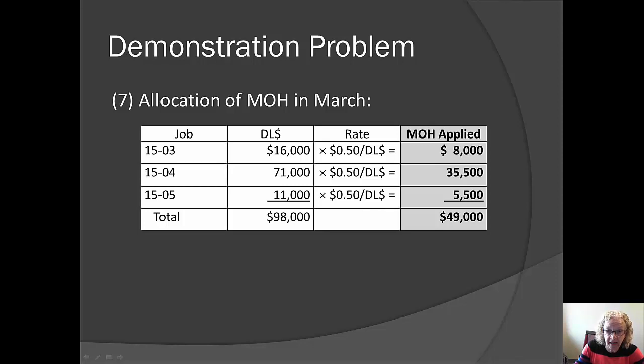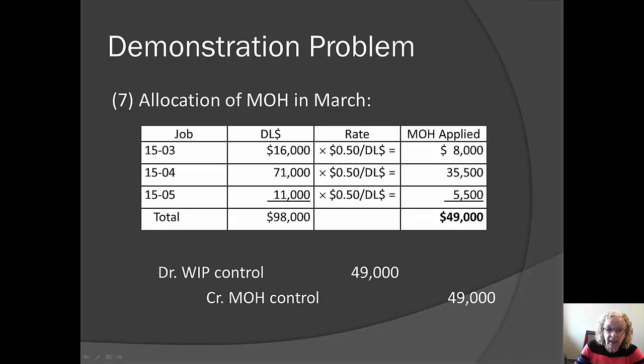We would show that in our journal by debiting, increasing our work in process control by $49,000 and crediting, decreasing our manufacturing overhead control.